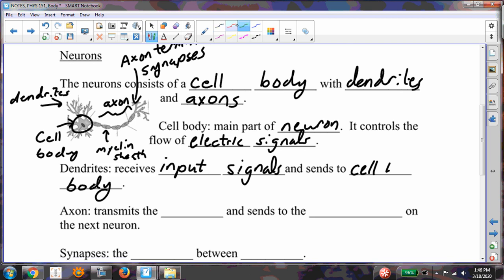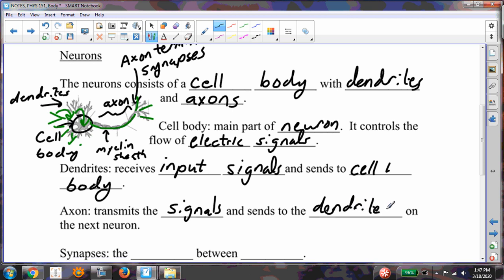So there'll be another neuron over here with its axon terminals that will end right here, and they'll pass information onto the dendrites, which will go into the cell body, and then that'll move through the axon to the next neuron through the terminal synapses. The axon transmits the signal and sends it to the dendrites on the next neuron.